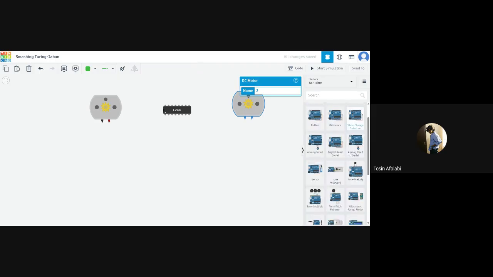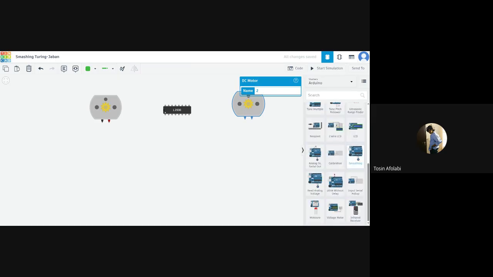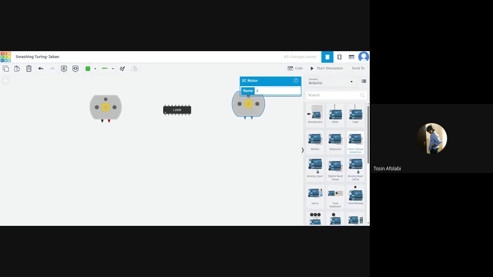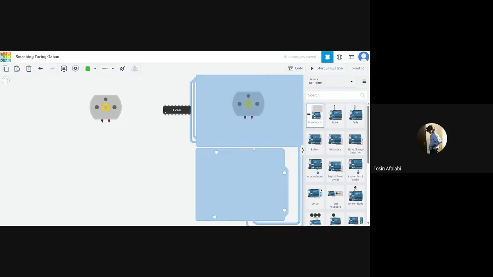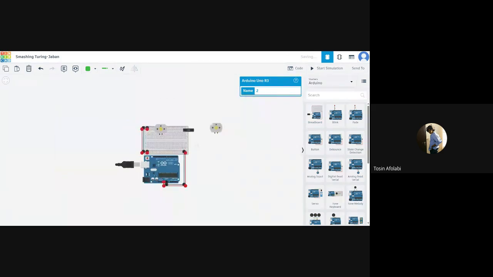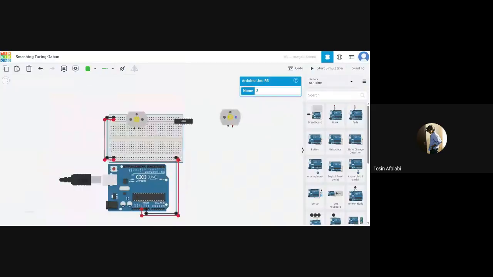They have nothing of use. Okay, so without this, we'll just need the basic Arduino. Let's get this. Okay, then a battery.